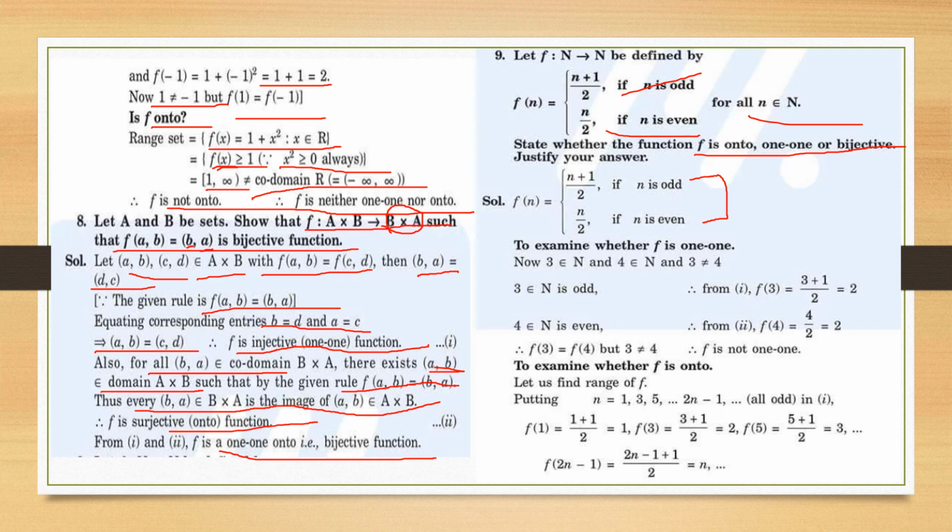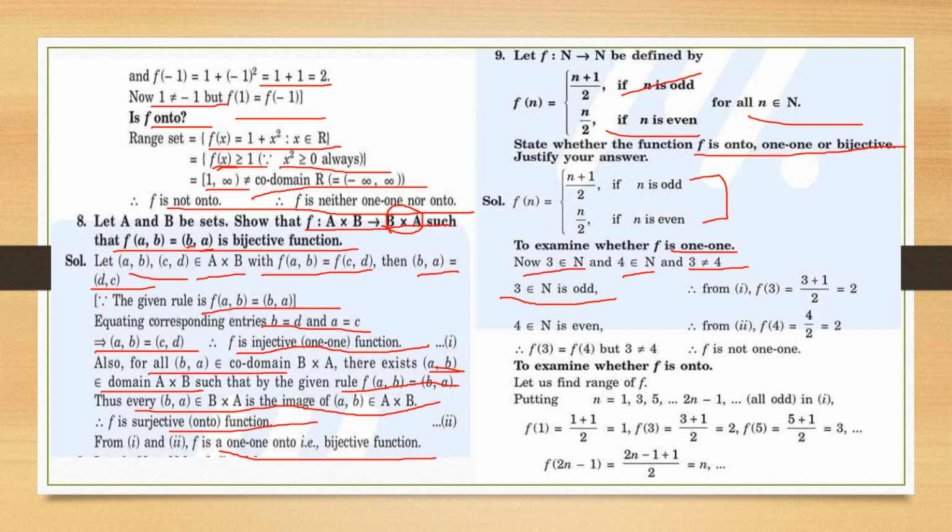So to examine whether f is one-one, let us start with 3 belonging to N and 4 belonging to N. Two different values, out of which one is odd, one is even. You can go for two different even values or two different odd values also, right? But we are taking one even, one odd. So as 3 is not equal to 4, and 3 belongs to N, which is odd, this rule will be applied for odd numbers.